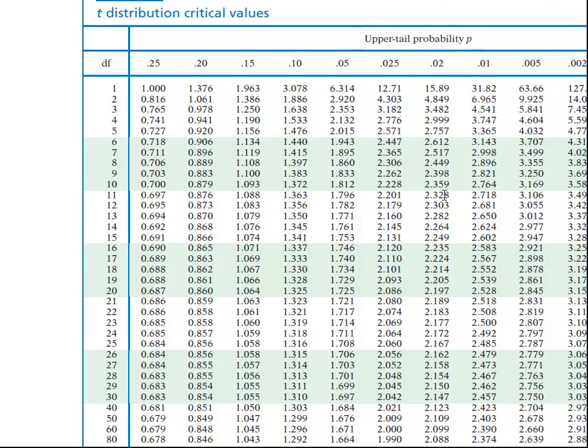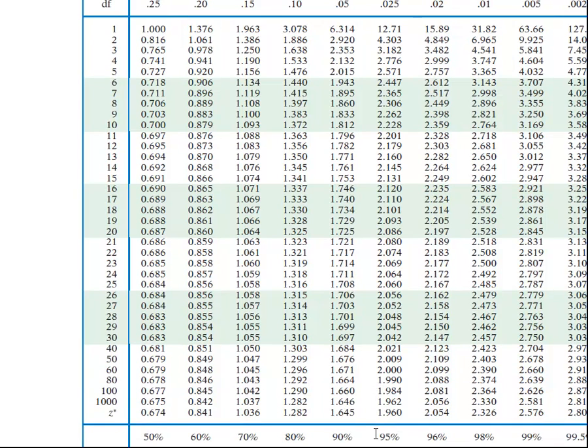And what we're going to do is, if we need a 95% confidence interval, let's say, we would come over here to 95%, and then we would scroll up to our sample size minus 1.